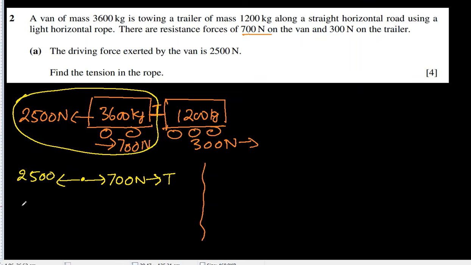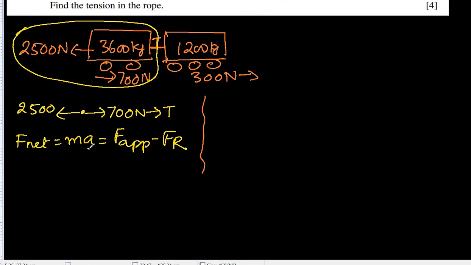So F net, which is equal to mass times acceleration, is applied force minus resistive force. Since they are not asking for acceleration, let's isolate acceleration here, so that I can find the acceleration of the second body also, and that is the common thing between them, because both bodies are moving with the same acceleration.